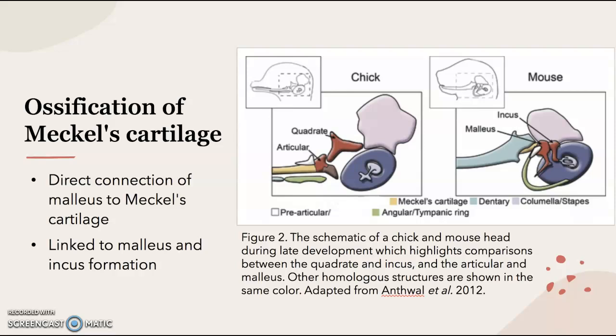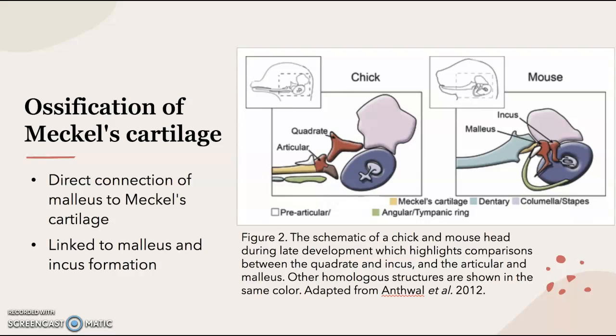For example, in mice, the breakdown of Meckel's cartilage occurs directly after birth, whereas in opossums, it occurs a couple weeks after birth. The ossification of Meckel's cartilage is what leads to the formation and the separation of the malleus and incus from the lower jawbone. This occurs after Meckel's cartilage is reabsorbed and ossified.